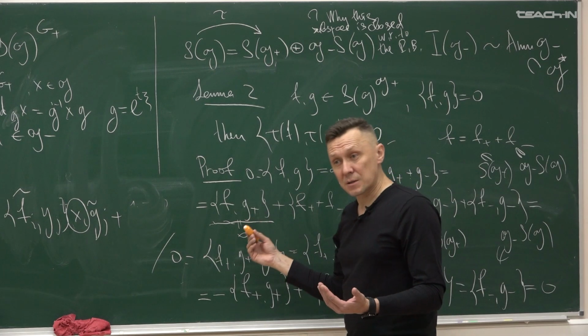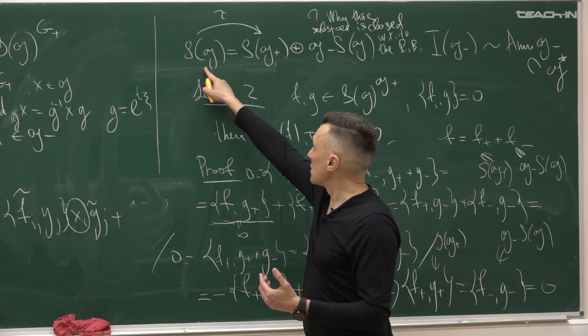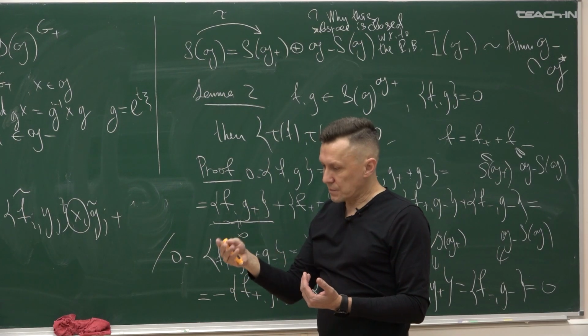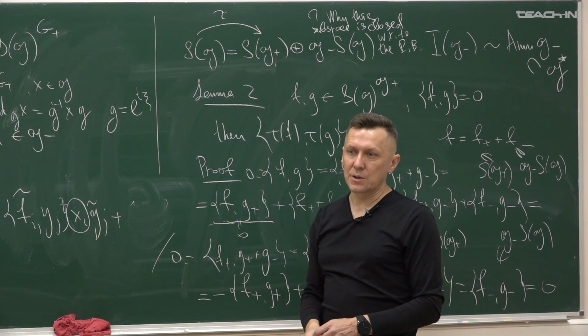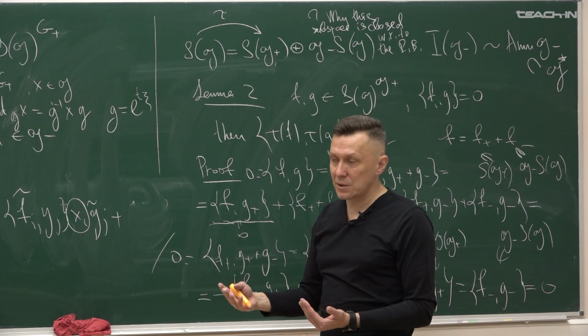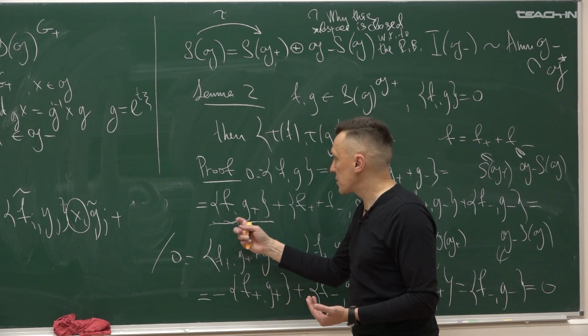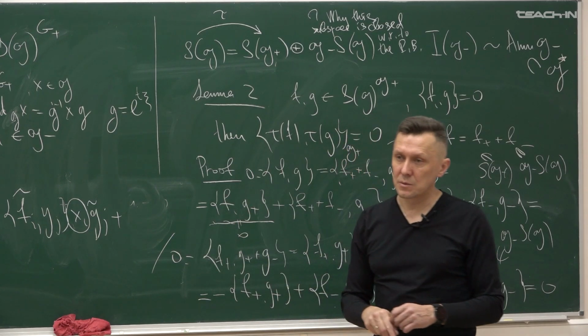But it's a fact that our Poisson bracket on this space realizes the action of the Lie algebra on this space. So if a function is G plus invariant, the Poisson bracket of this function with linear generators of G plus is 0.